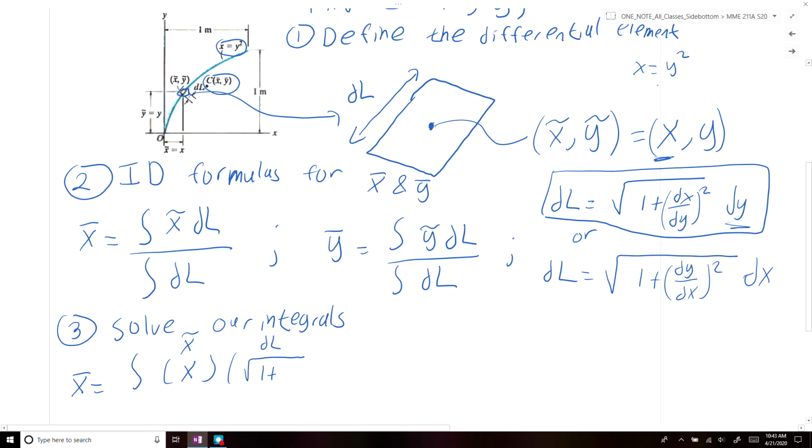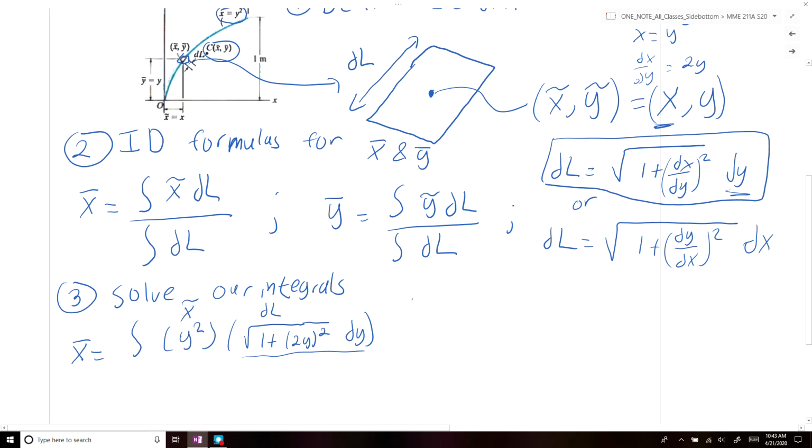If we took the derivative of both sides here, dx over dy would be equal to 2y, squared, dy. Since the dl term is in terms of y, we should put x in terms of y as well, so we're going to replace that x and write y squared here.